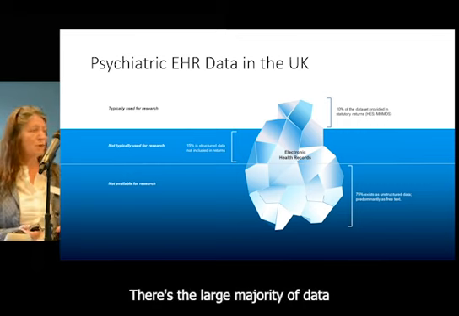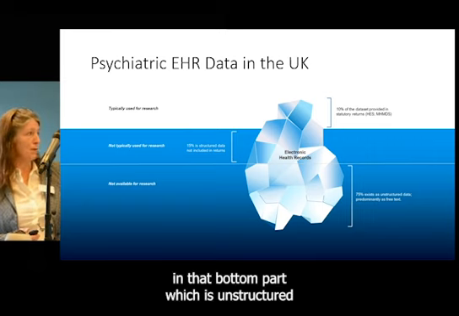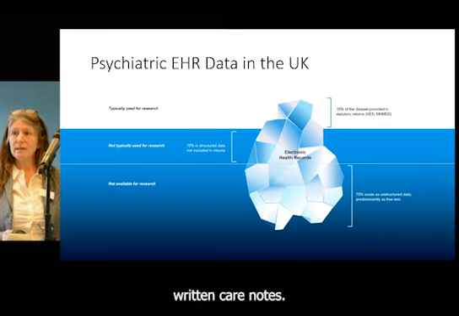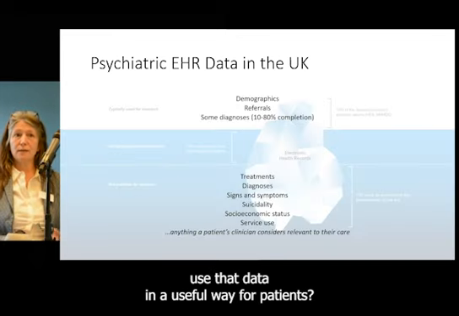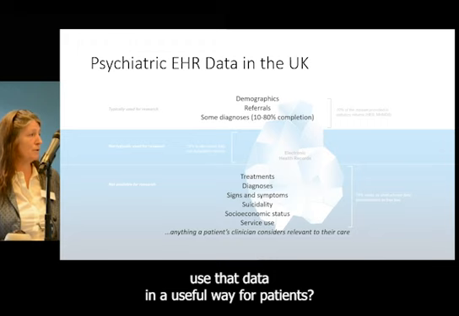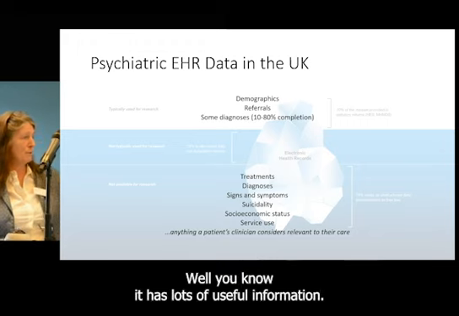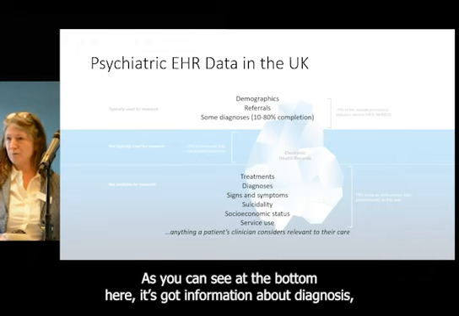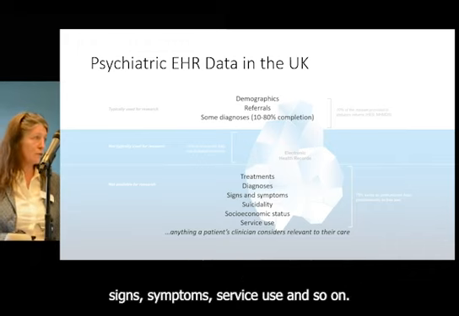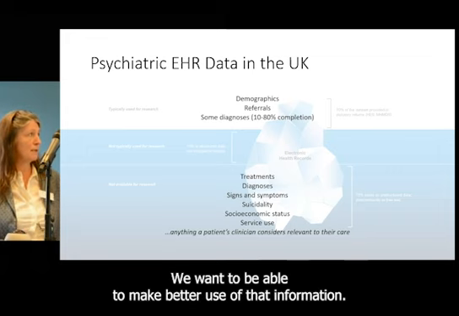The large majority of data is that bottom part, which is unstructured written care notes. And the challenge is, how do we use that data in a useful way for patients when we know it has lots of useful information in it? You can see at the bottom here, it's got information about diagnosis, signs, symptoms, service use, and so on. We want to be able to make better use of that information.